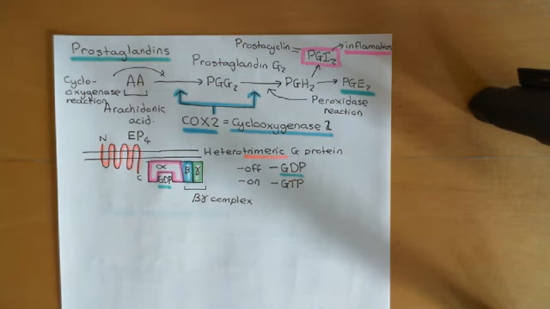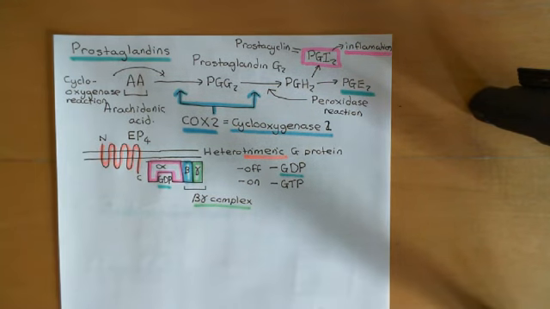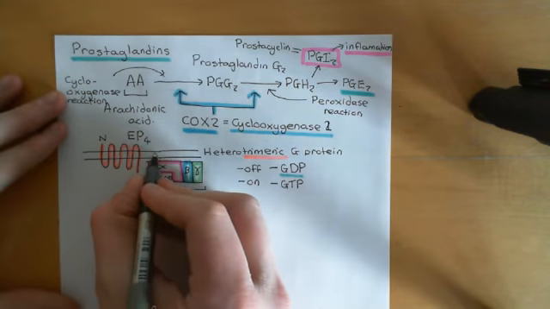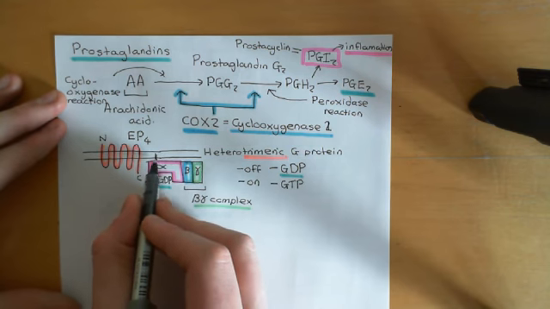The final thing to say before we go to what happens when the EP4 receptor gets activated is that the heterotrimeric G protein is not an integral membrane protein, but it is attached to the underside of the phospholipid bilayer. It's attached by having lipid moieties attached onto it. So the alpha subunit gets lipid moieties attached onto it.